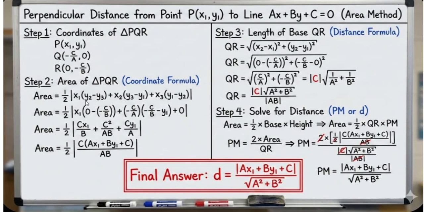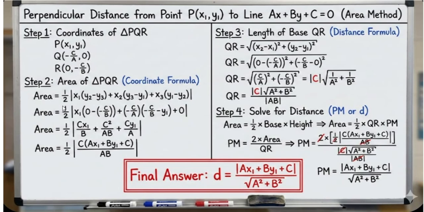To remember it, the indices are circular: 1 goes to 2, 2 goes to 3, and 3 goes back to 1. This is the basic formula we studied in high school for the area of a triangle.